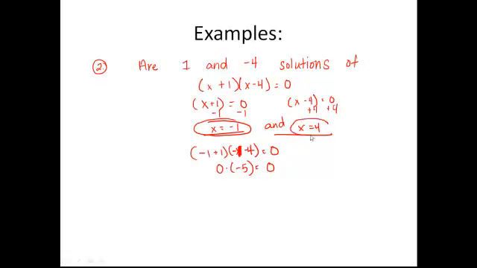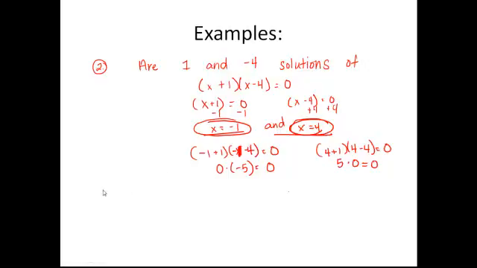Okay, let's check this solution. So let's plug that in. I'm going to plug in 4 for my x: 4 plus 1, and then I have 4 minus 4 equals 0. I substituted it in. I get 5 times this parentheses, which is 0, and yes, it does equal 0. These ones up here were not solutions. The solutions that I have are negative 1 and 4.